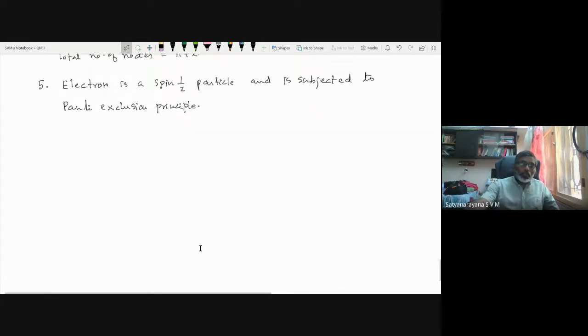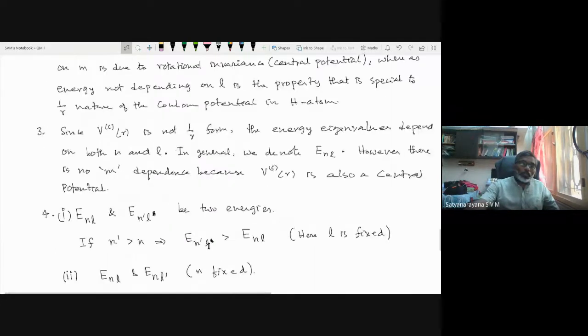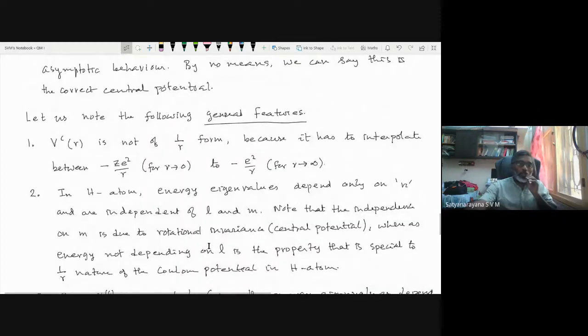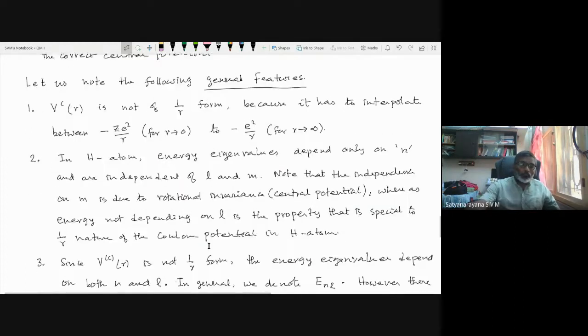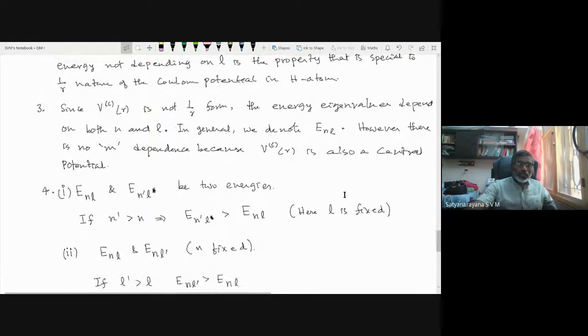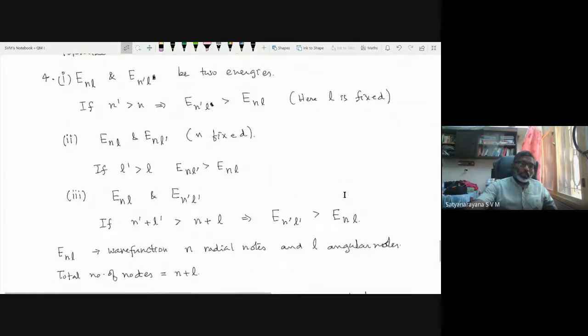Okay, so now these principles are quite general, as I told you. They don't depend on what form of the potential you have chosen. What the energy of these energy levels is will depend on the form of the potential. But all these points that I have written here are independent of the choice of your central potential. That it is central is important, and that's all that is important.